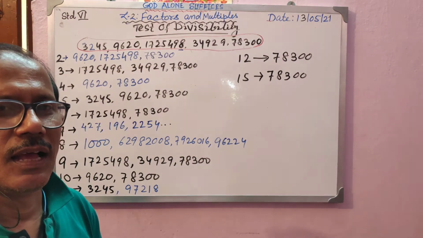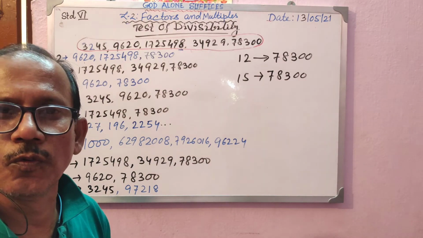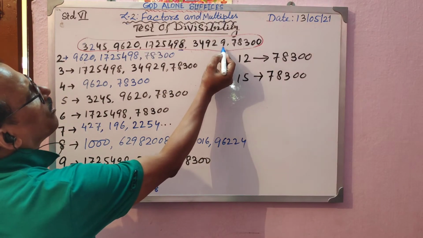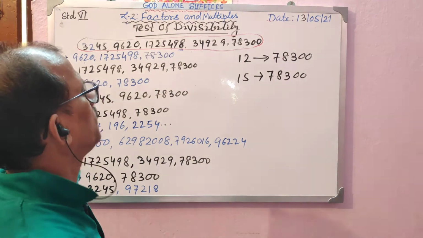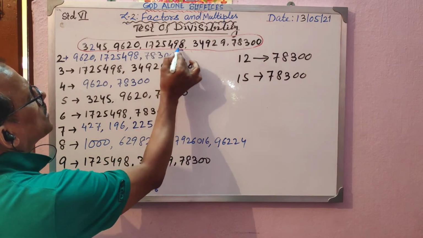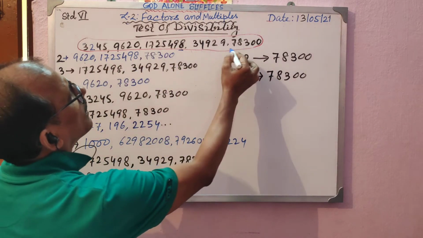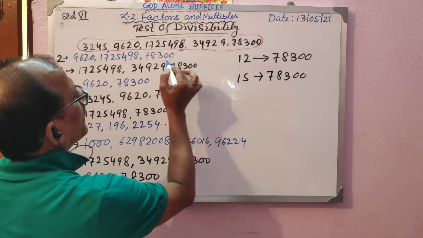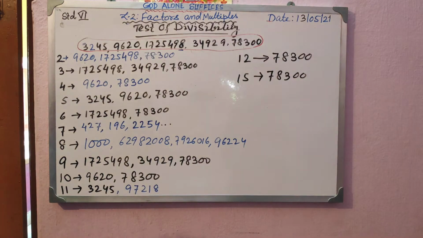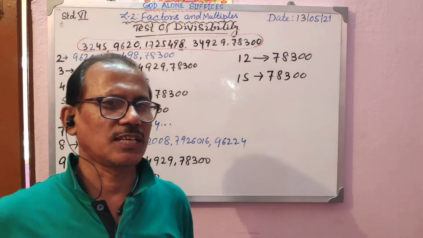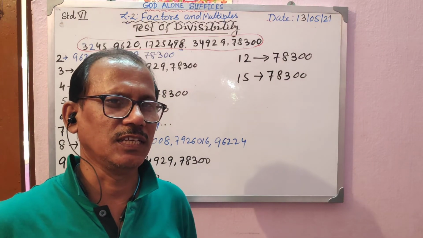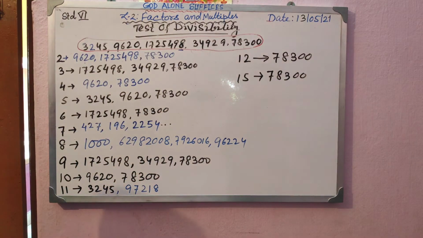The unit place has to be 0, 2, 4, 6, 8. Now you see 9, it's an odd one, so it will not be divisible. So this complete number will be divisible by 2. Next is 0, again it will be picked for 2. Could you understand? So for all those numbers the unit digit has to be 0, 2, 4, 6, 8, and they are divisible by 2. I hope you have understood.